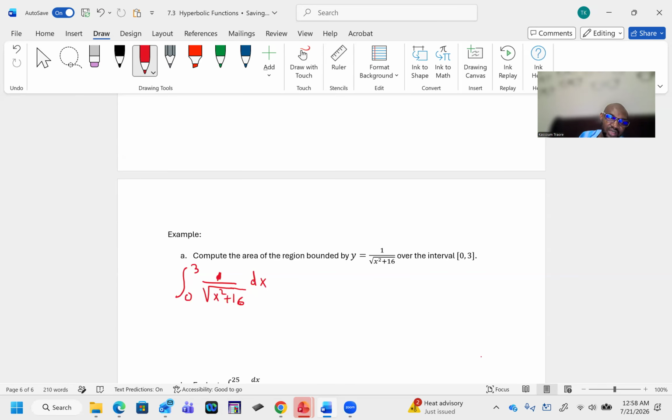So which is what? Inverse. This integral would give us the inverse hyperbolic sine of x.